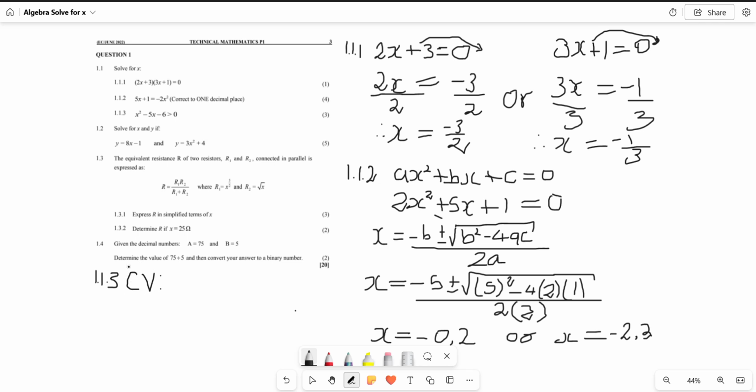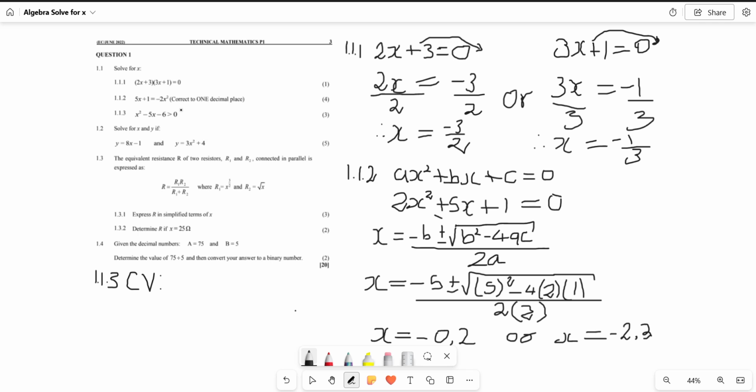The critical values are the values of x that are going to assist us to find the actual solution that will satisfy this quadratic inequality.